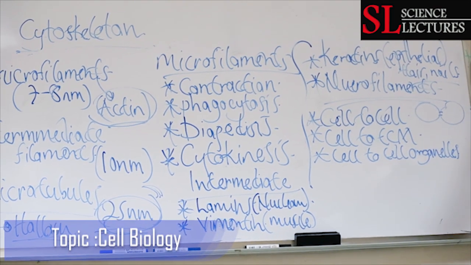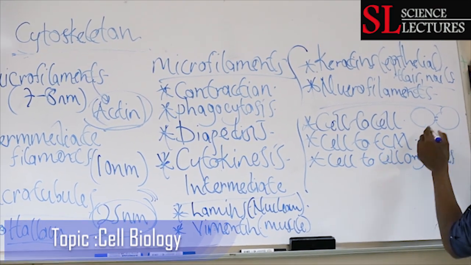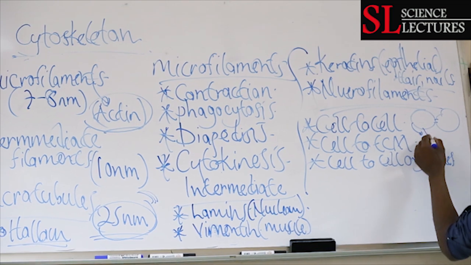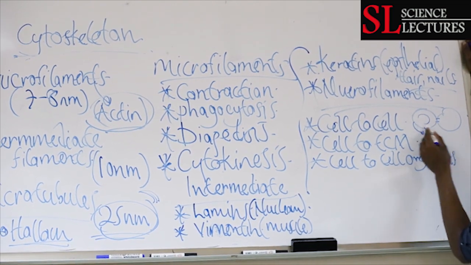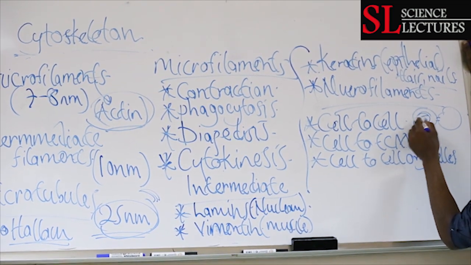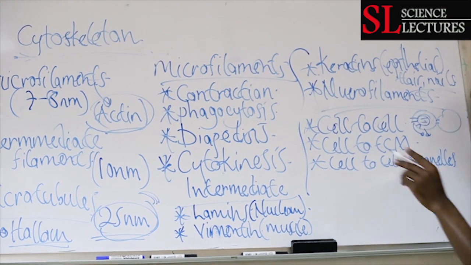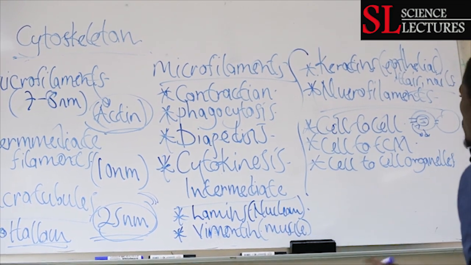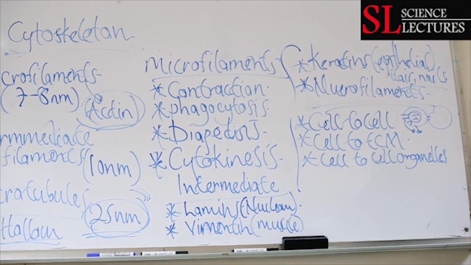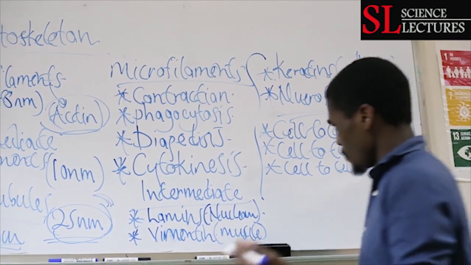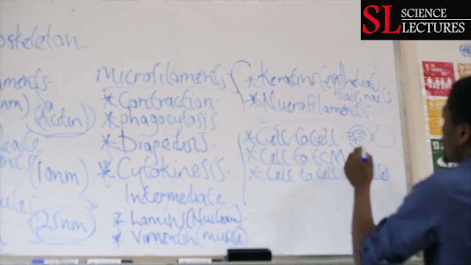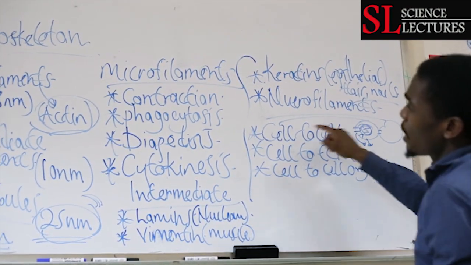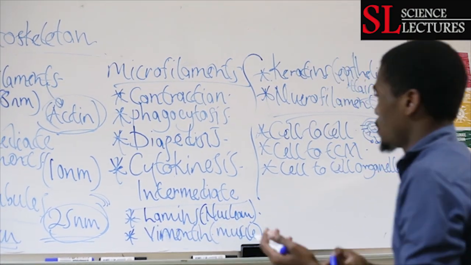We'll see this in cell communication. Then we have a cell to extracellular matrix. Then we are having organelles inside here to cell. If this cytoskeleton was not there, the organelles wouldn't have somewhere where they would be suspended very well. So we have, like, the nuclear lamins, which we say are used for stabilizing the nucleus.